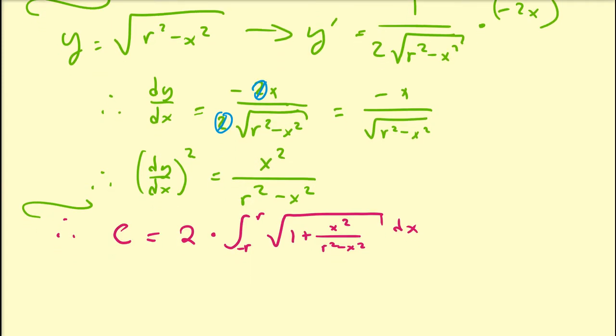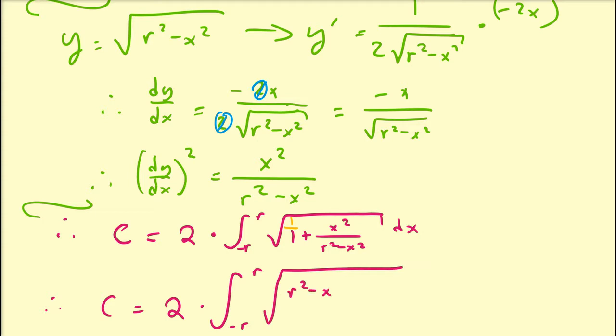For this radicand, we're going to get a common denominator. So we're going to have this as 1 over 1, and we're going to multiply top and bottom by r squared minus x squared. So once we have that, we're going to have the integral from minus r to r of the square root of r squared minus x squared over r squared minus x squared plus x squared over r squared minus x squared, with respect to x.